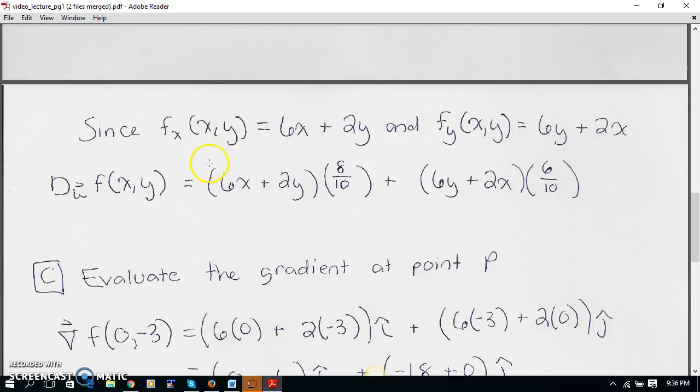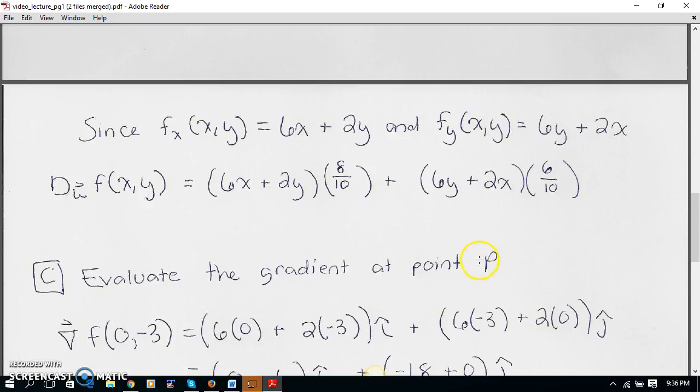Since the partial with respect to x is 6x plus 2y, as we found in Part A, and the partial with respect to y is 6y plus 2x, the directional derivative of f in the direction of the vector u is (6x plus 2y) multiplied by 8/10 plus (6y plus 2x) multiplied by 6/10.